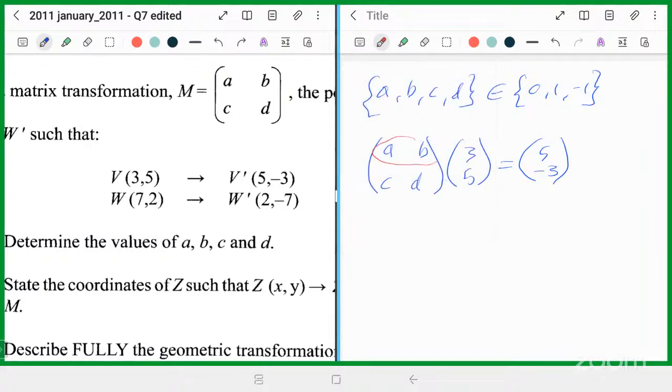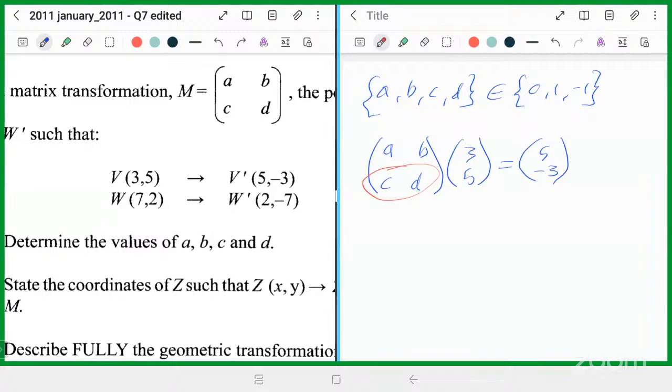So this row times this column is equal to this 5. So we can set that up. Remember, I know these values can only be 1, -1, or 0. And the matrices always have the zeros on the diagonal here, or the zeros on the diagonal here. So you know, for example, that one of these values is 0, and one of these values is 0, for sure.